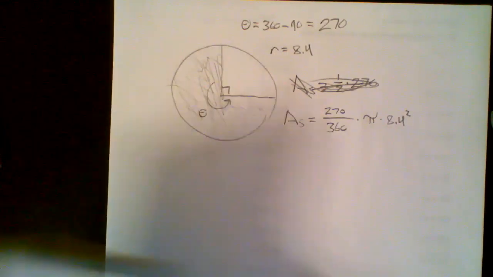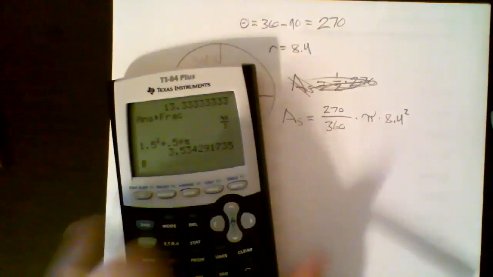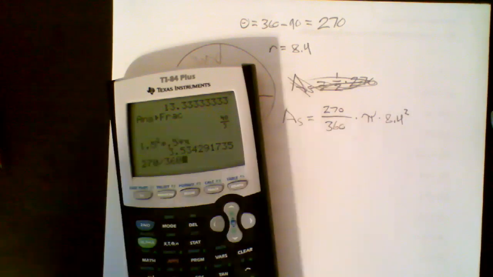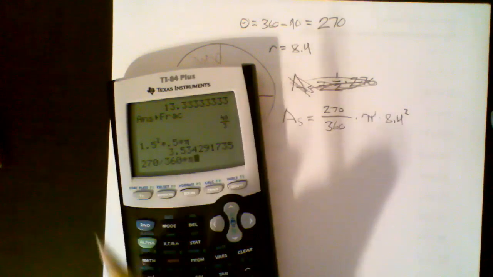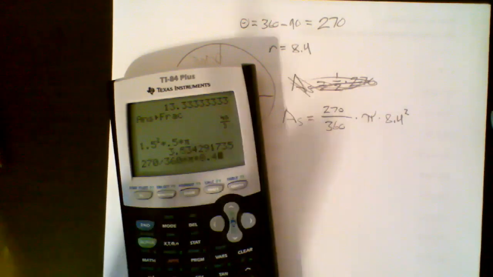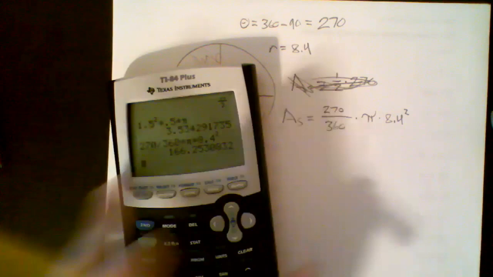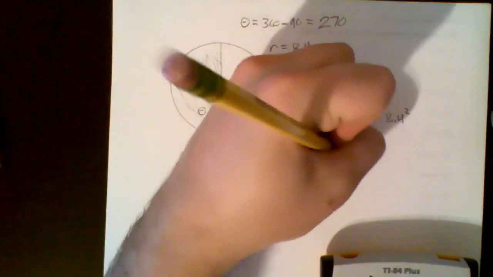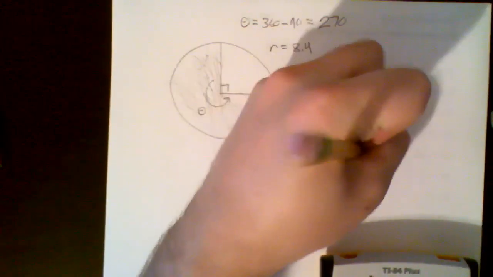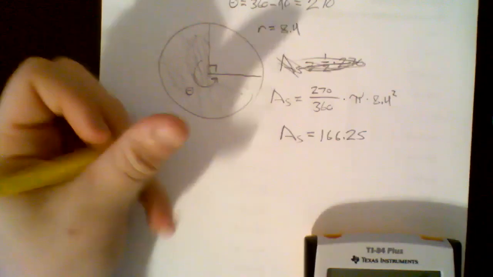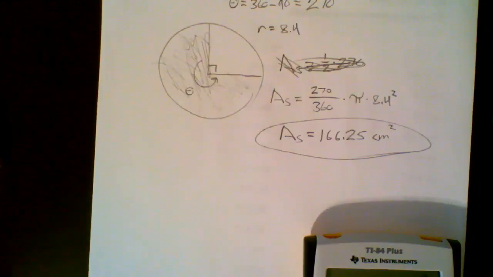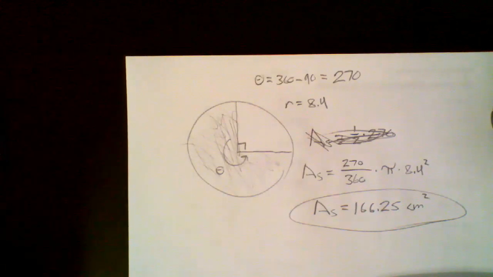All right, we can plug that whole mess into our calculator. 270 divided by 360 times pi times 8.4 squared equals 166.25. So the area of the shaded region is equal to 166.25 centimeters squared.